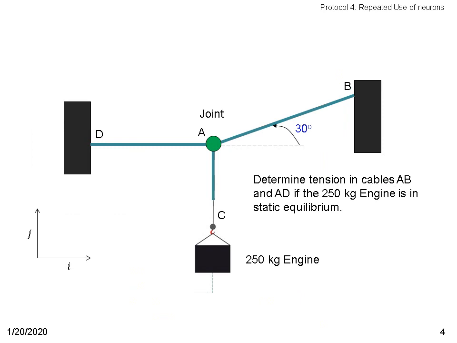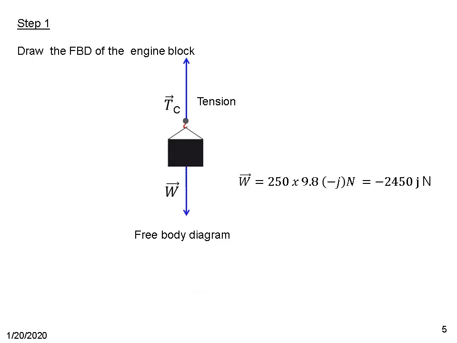Another problem: a 250 kilogram engine is kept in static equilibrium using cables AB, AC, and AD as indicated. Calculate the tension in cables AB and AD. The first step is to analyze the static equilibrium condition of the engine.